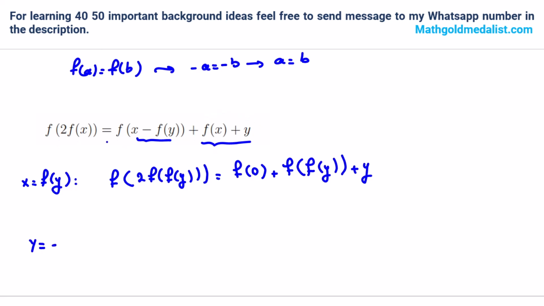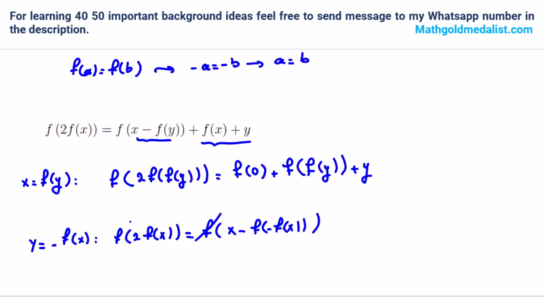Because then these two f's are equal, and I can cancel f's because f is 1 to 1, right? So 2f of x is equal to x minus f of negative f of x, since the other terms are 0 plus 0.